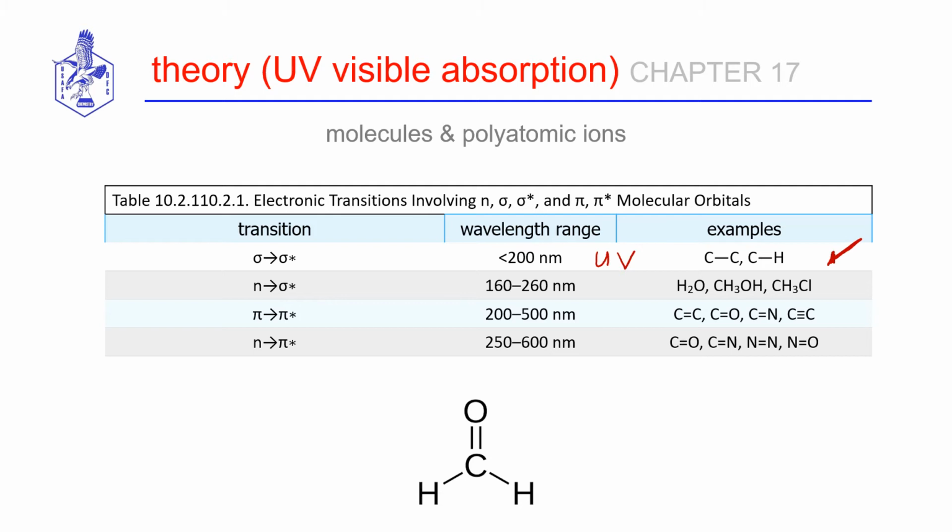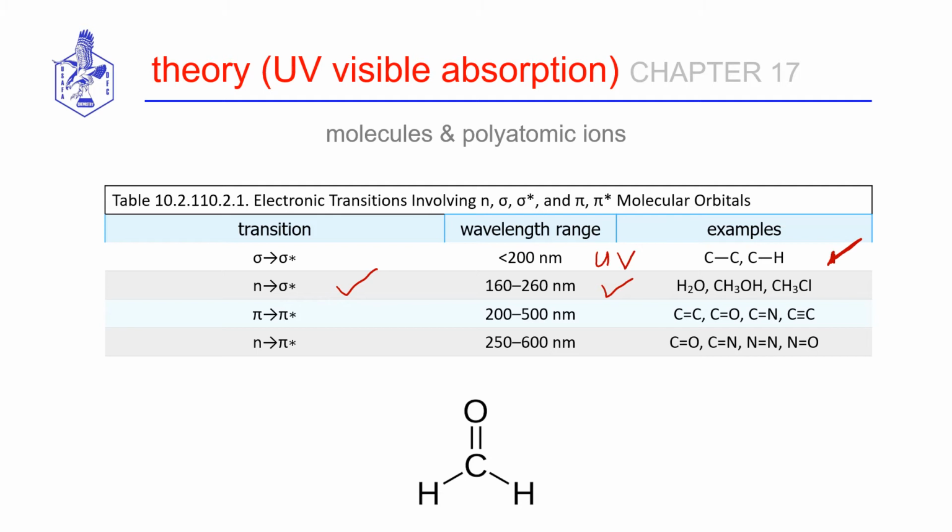Remember, those were the transitions that had the greatest amount of energy. Commonly, if we have a non-bonding orbital transitioning to a sigma anti-bonding orbital, that's going to involve less energy. Okay, we will see that whenever we have lone pairs of electrons on species.